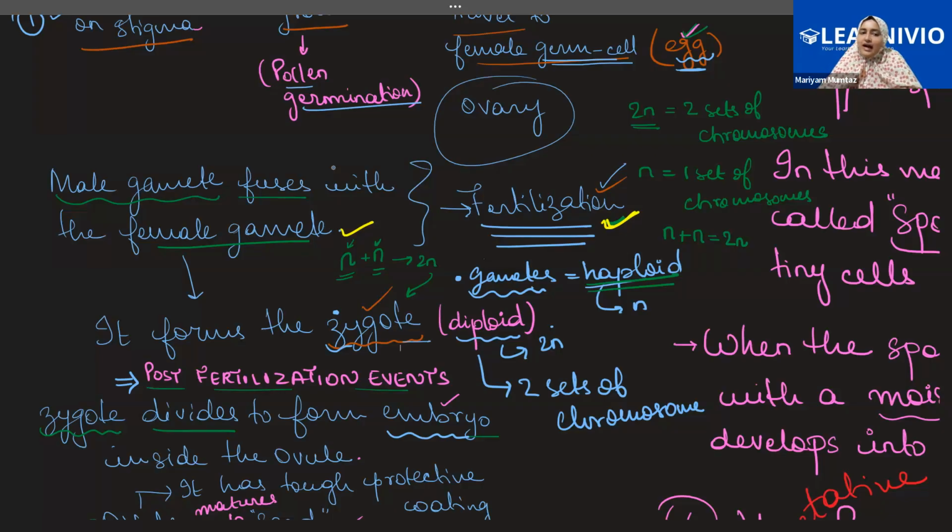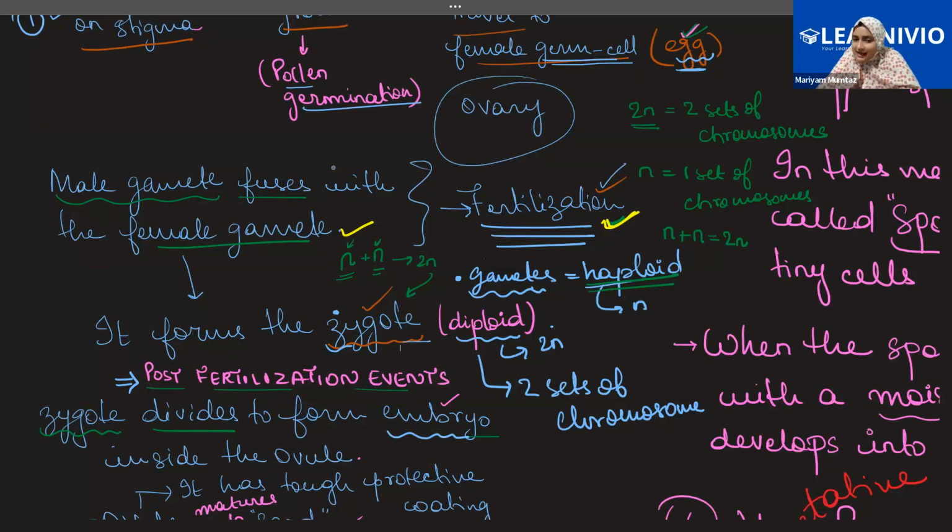Very good. So why does the gamete have half the set of chromosomes? Because when they fuse together, it will be two sets of chromosomes. Yeah. But when they fuse together, what is the structure that they form? Zygote. Yes.